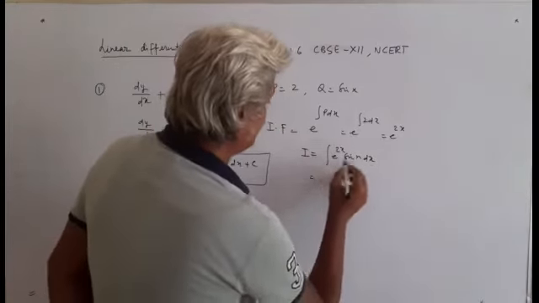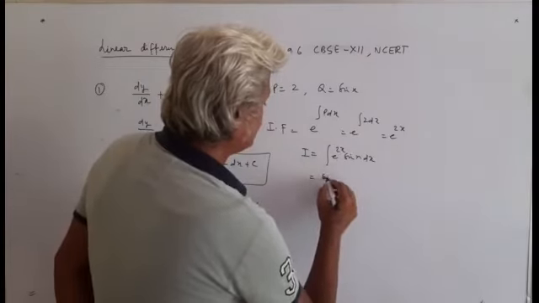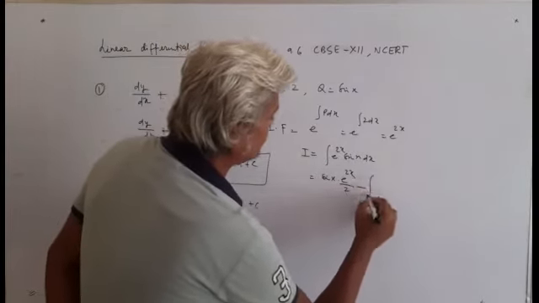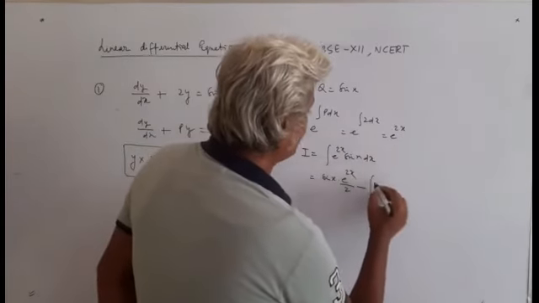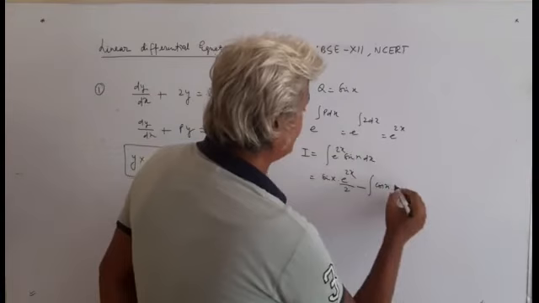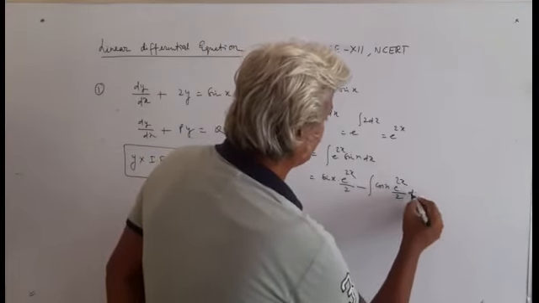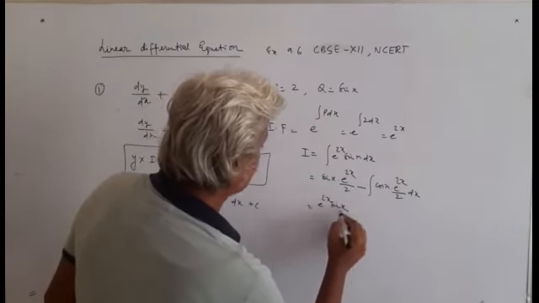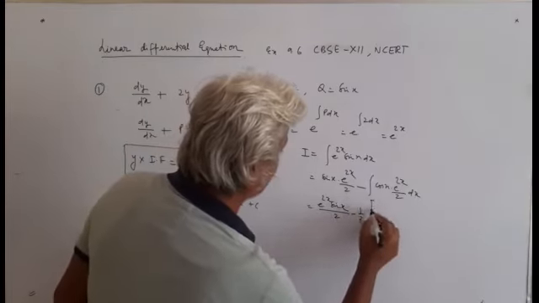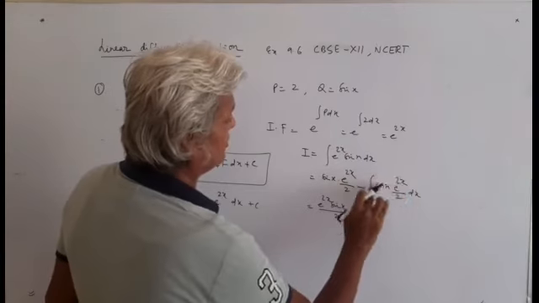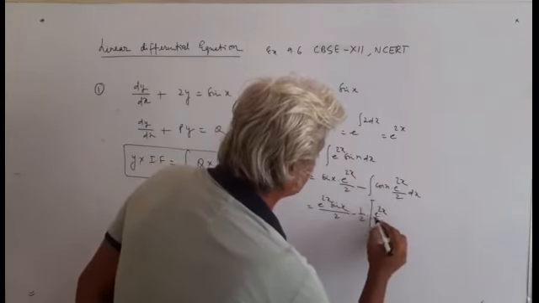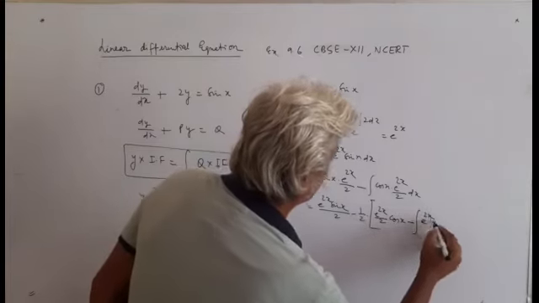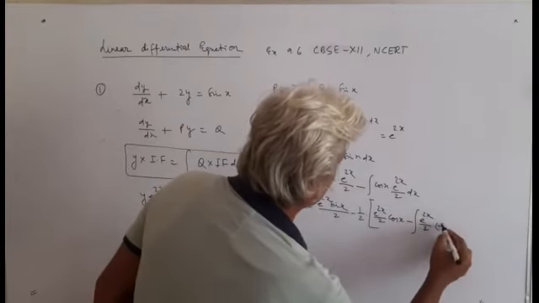Then we keep sin x constant and integrate e to the power 2x, giving e to the power 2x by 2, minus the integration of the differentiation of sin x, that is cos x, into the integration of e to the power 2x again, that is e to the power 2x by 2, dx.